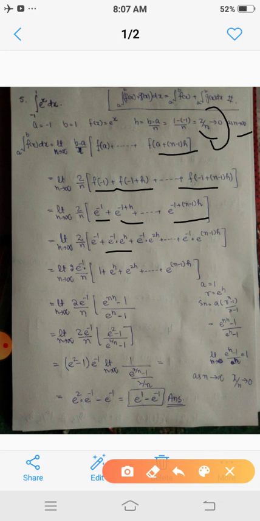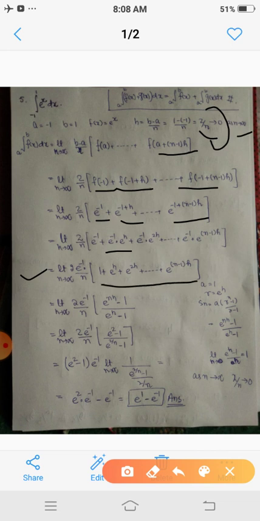Similarly, at last, we can write this as e raised to power minus 1 into e raised to power (n minus 1) into h. Now taking e^-1 common, we get 2 e raised to power minus 1 by n into (1 plus e^h plus e^2h, so on to e^(n minus 1)h).